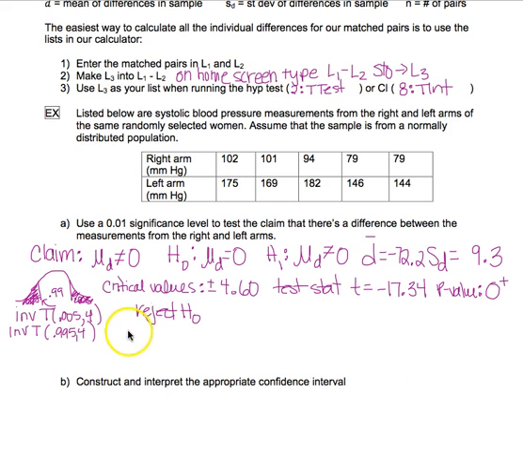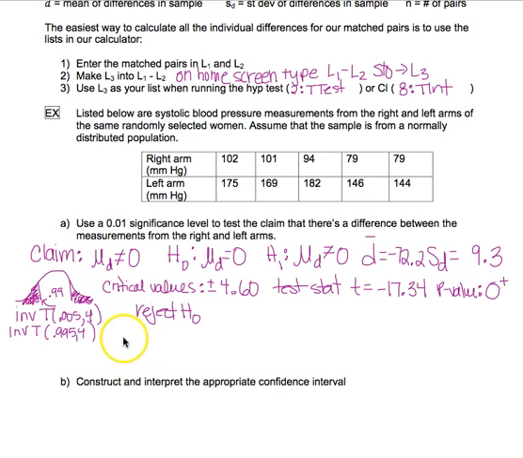Now be careful, I always get people who try to use the warrant rejection on the not equal. We're only using warrant rejection if the claim includes an equal sign. This is a not equal sign, so we're still using support in this case.